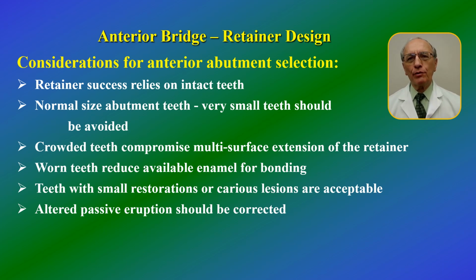Teeth with small restorations or carious lesions may be used, especially when internal enamel walls may compensate for lost enamel surface. Altered passive eruption, the high gingival level covering the teeth, often confronted in late adolescence, should be corrected to normal adult level.